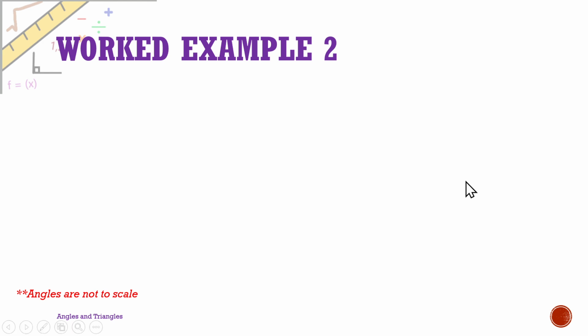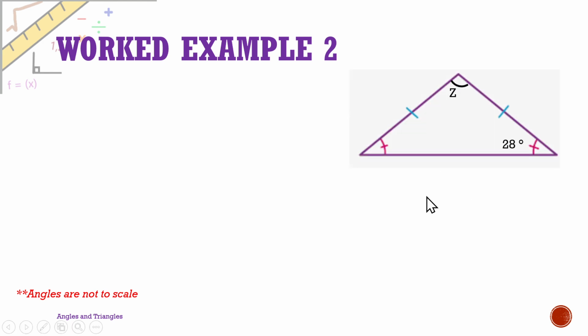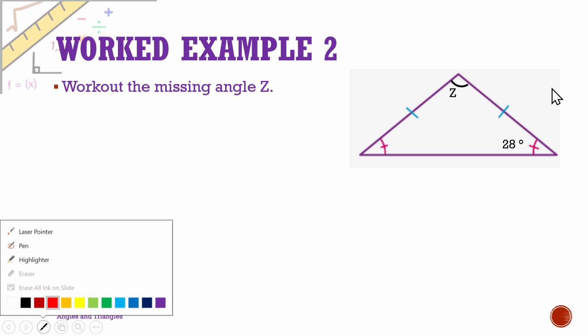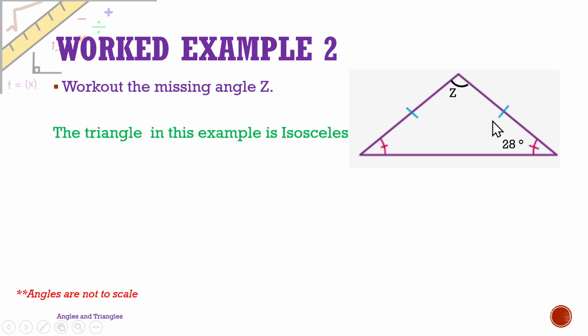Let's take a quick look at a worked example for an isosceles triangle. I am given a triangle. Now I can identify that this is an isosceles triangle because I have these two lines indicating it's an isosceles triangle. Let's recall our steps.